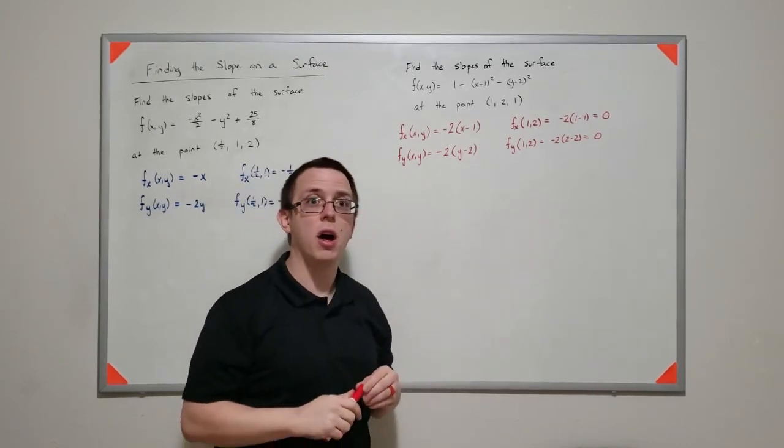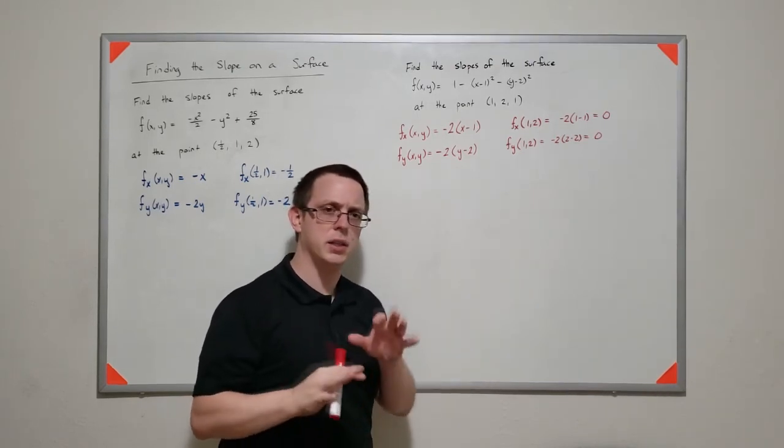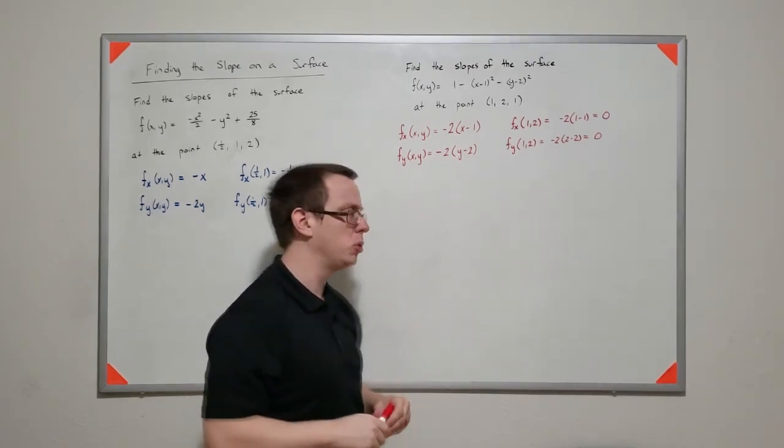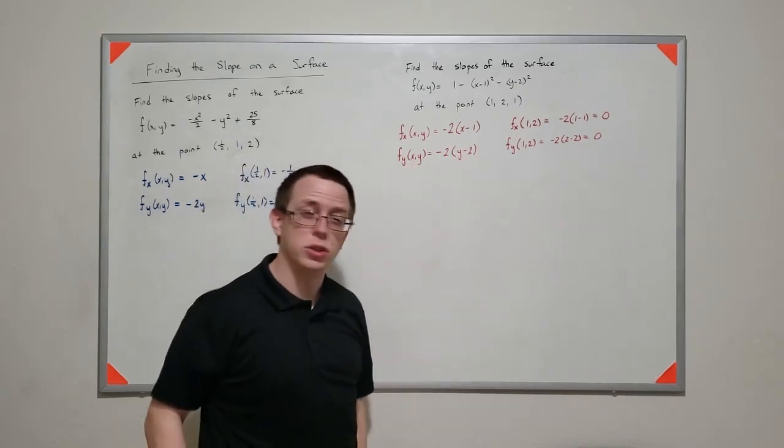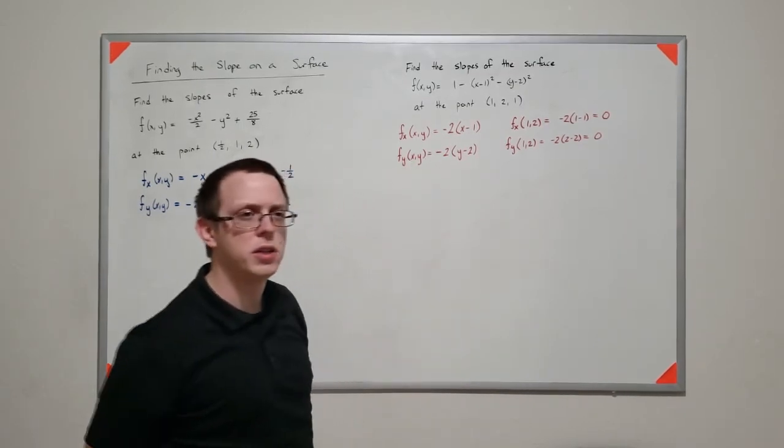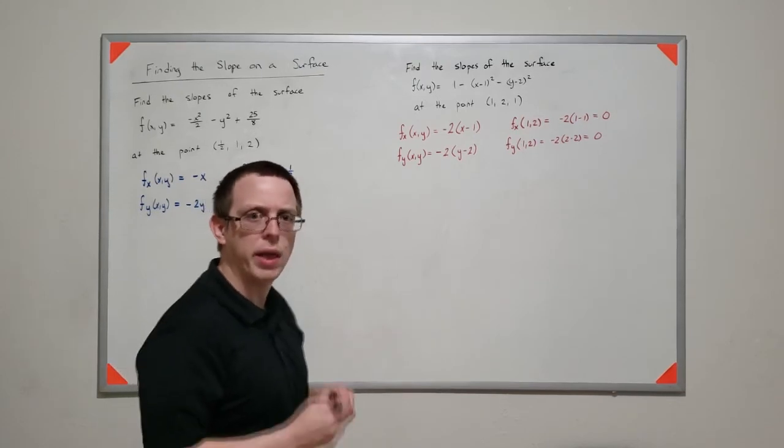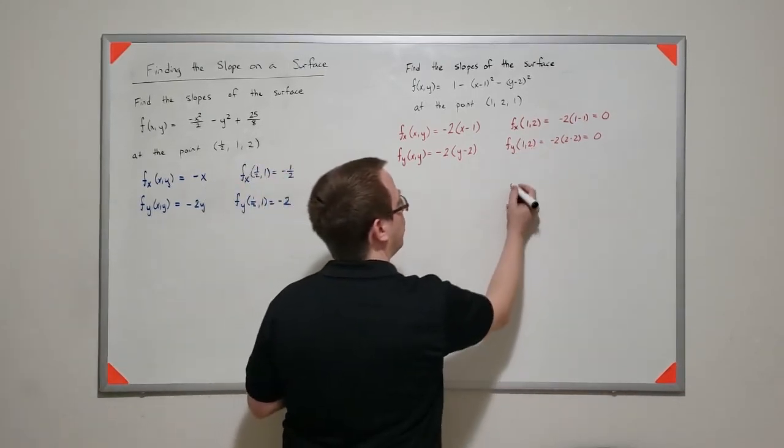Regardless, the idea is that you could have changes in multiple directions. Let's take a look at a small sketch of what we're dealing with here to understand why this is our answer.